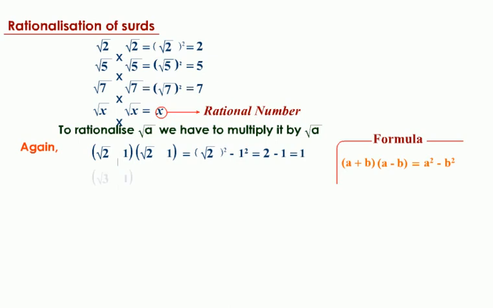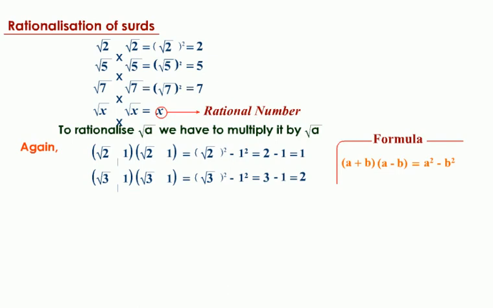Similarly, (under root 3 plus 1)(under root 3 minus 1) equals under root 3 whole square minus 1 square, equals 3 minus 1, that is 2, and so on.